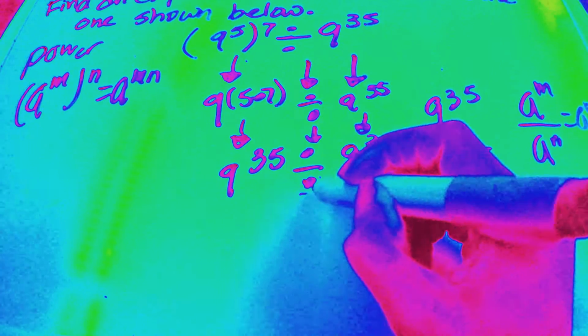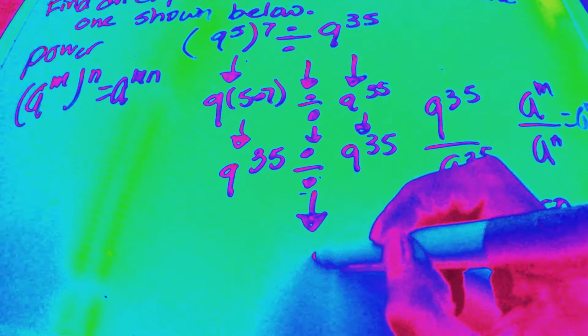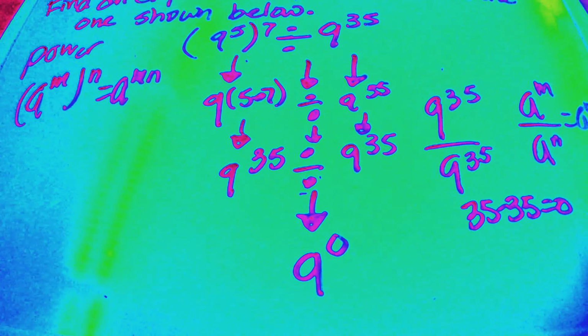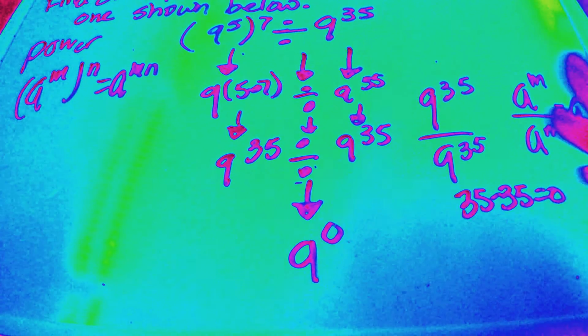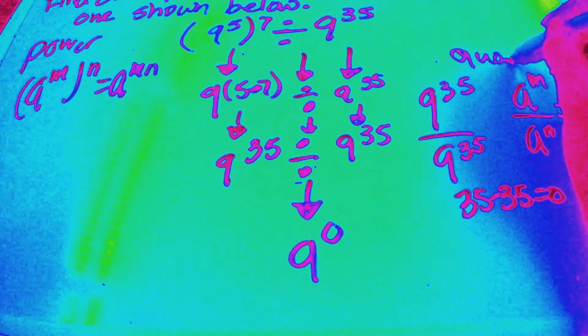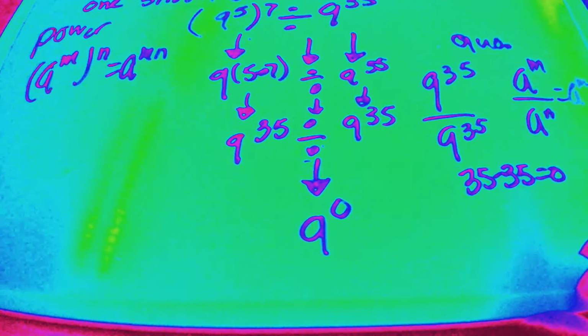So that means we now have, and don't forget your base, 9 to the 0 power. Now we are on a third rule. So we have the power rule, we have the quotient rule here, and now we have the 0 rule.